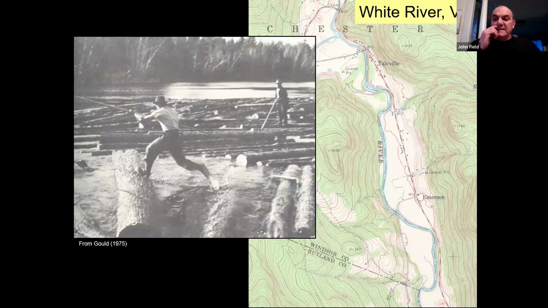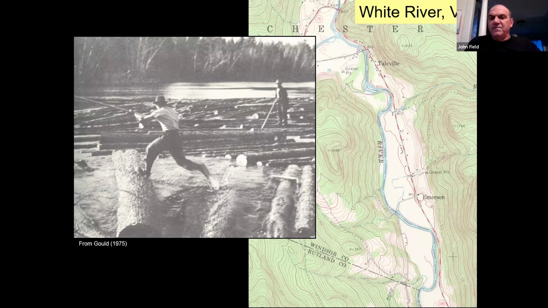Another reason, though, that sediment transport might be discontinuous, not an equal amount of sediment everywhere, might be due to human alterations of the channel. And one of the great alterations of rivers and streams throughout New England is artificial channel straightening.